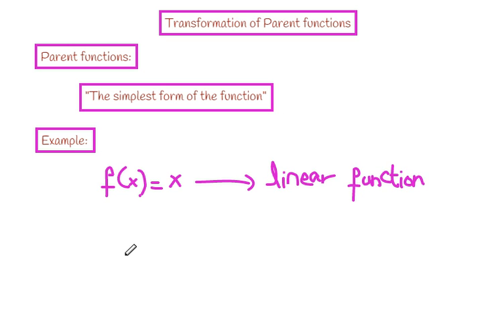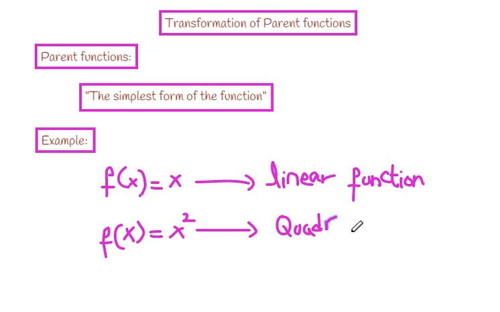Another example: a parent function can be x squared, which is very basic. You can say it is the simplest quadratic function, and it is called the parent function here. So these are the two examples explaining what a parent function is.